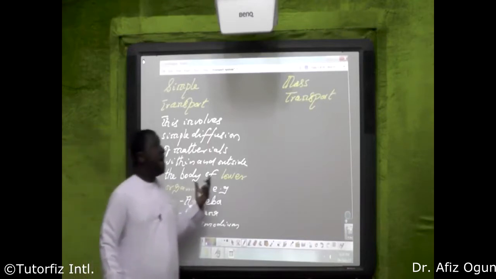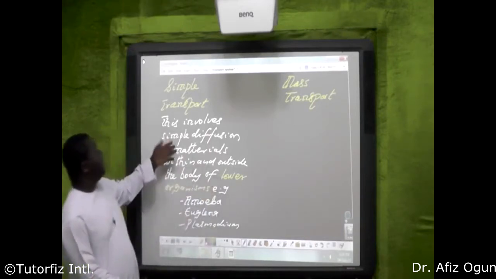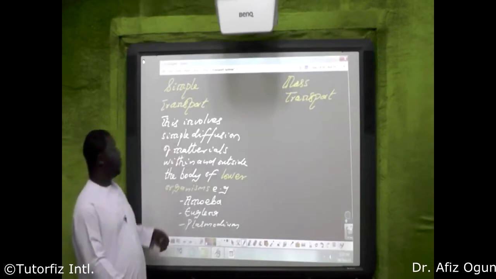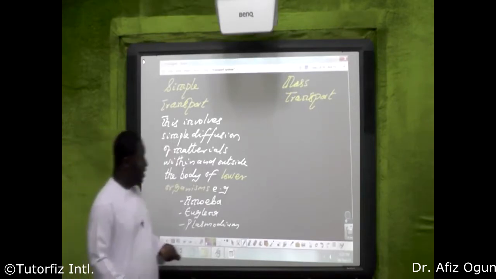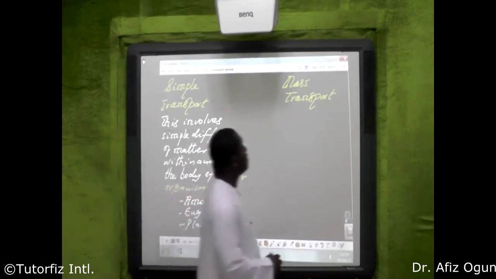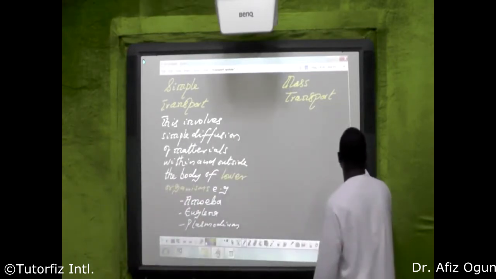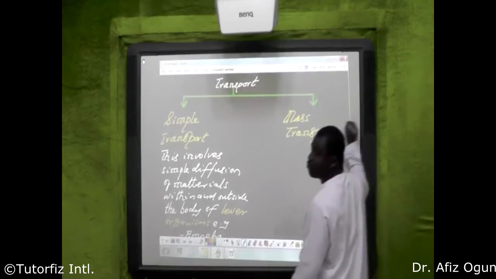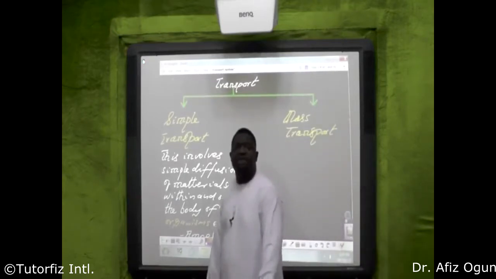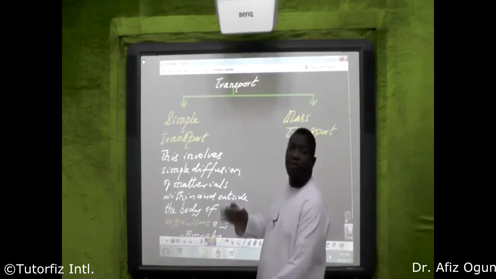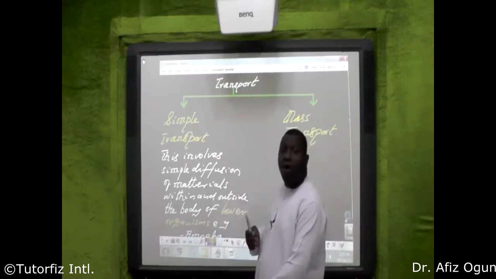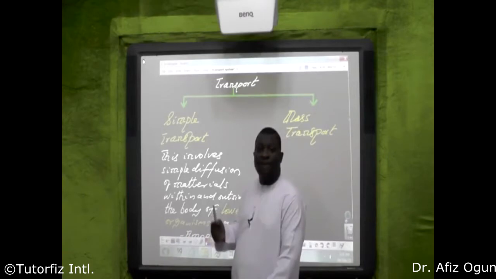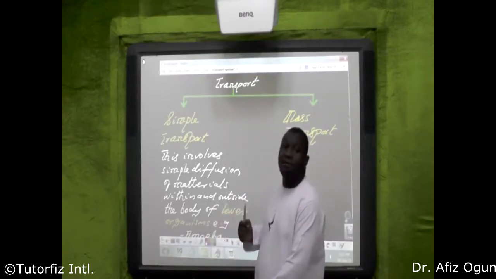Now, the mass transport system, I said, the simple diffusion involves the movement of materials within and outside the body of lower organisms, e.g. amoeba, euglena, paramecium. But the mass transport system involves a system of vessels and pumps.